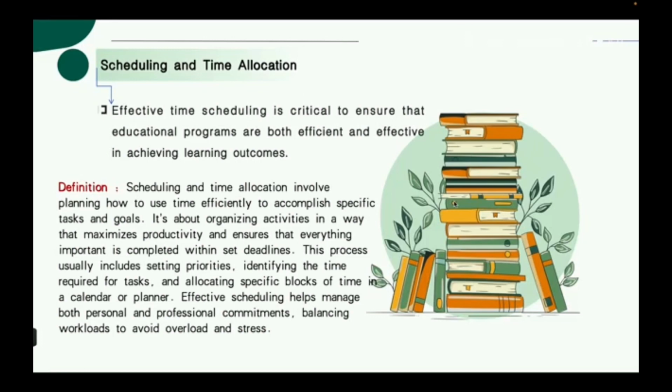This process usually includes setting priorities, identifying the time required for tasks, and allocating specific blocks of time in a calendar or planner. Effective scheduling helps manage both personal and professional commitments, balancing workloads to avoid overload and stress.